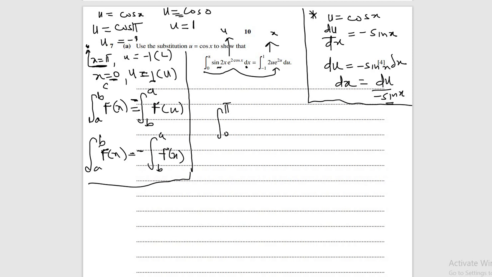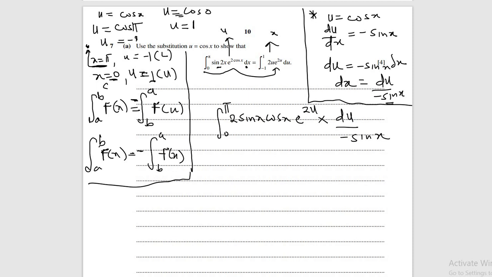You know this sine 2x. Sine 2x means 2 sine x cos x, e raised to power 2 cos x. That's 2u, u is cos x, multiplied by dx. And what's our dx? Our dx is du over minus sine x. You can see we've done this properly.